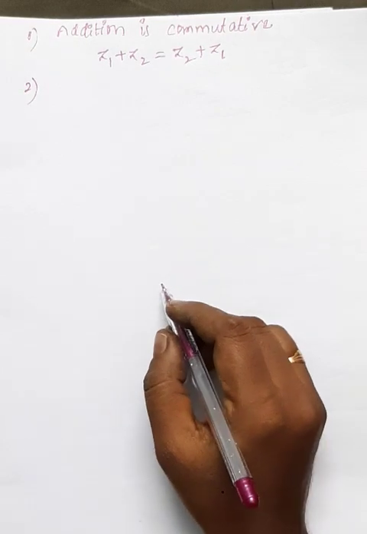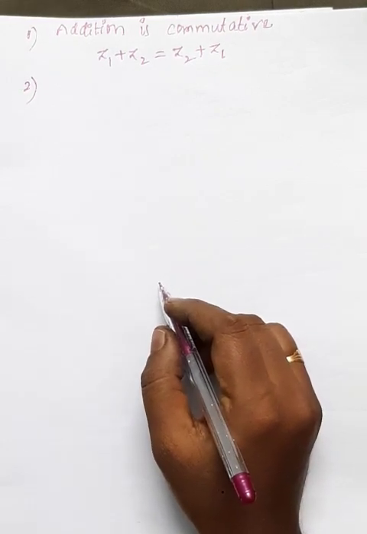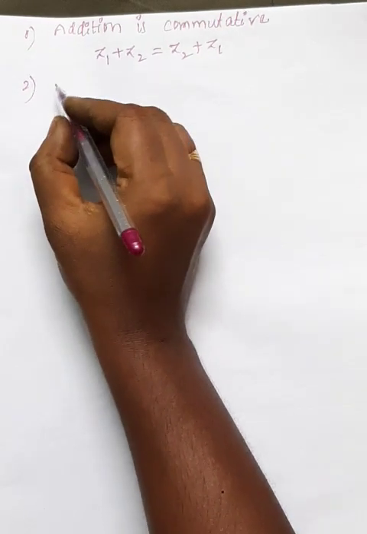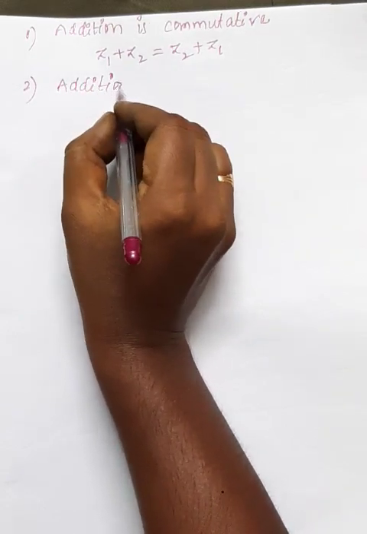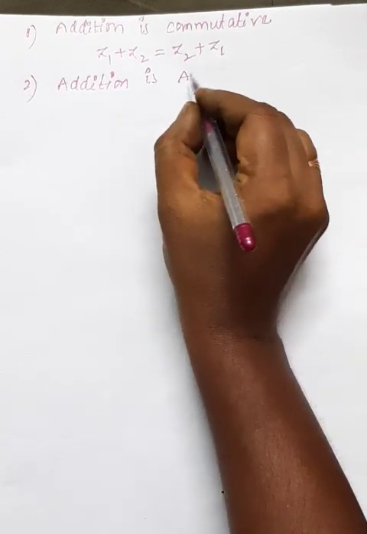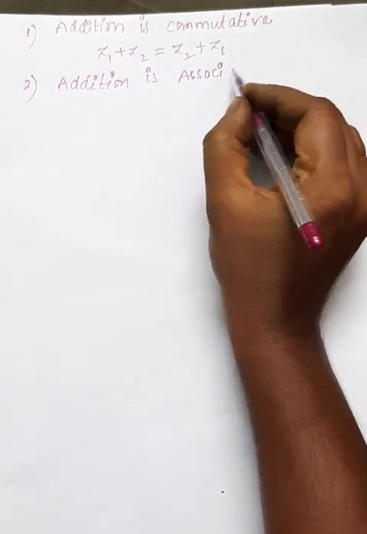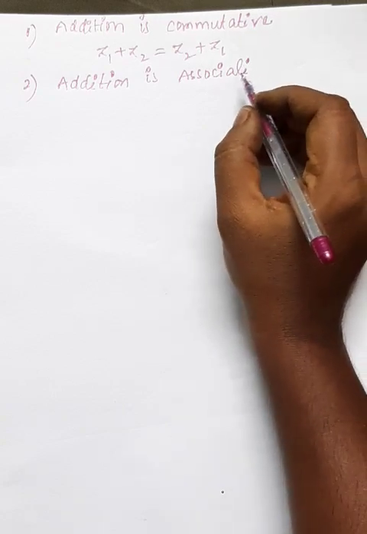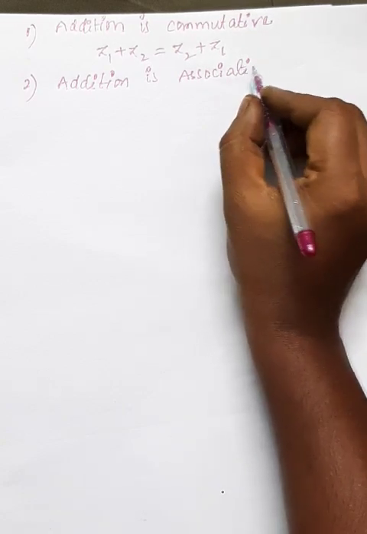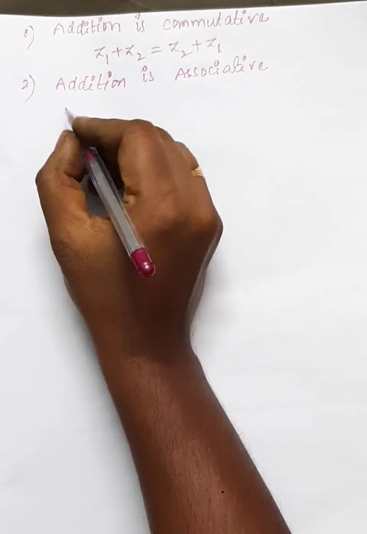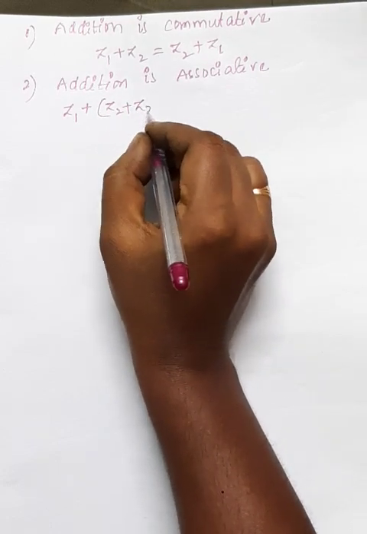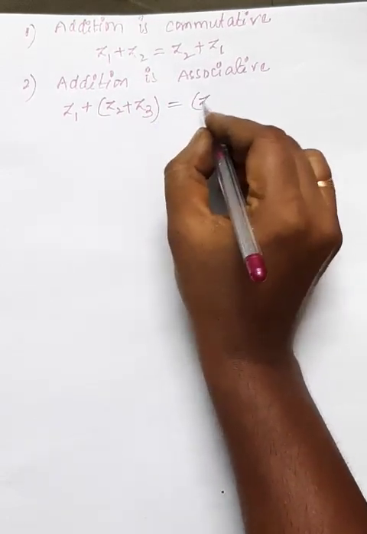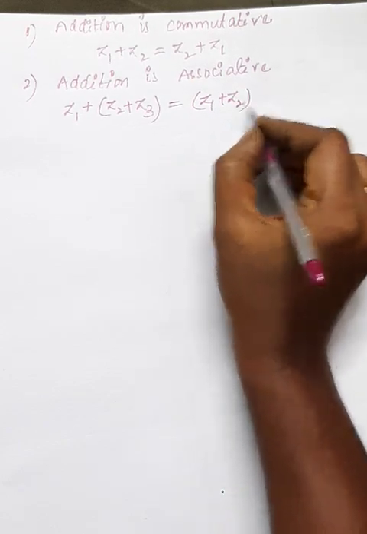Now our second property is that addition of complex numbers is also associative. Addition of three complex numbers satisfies the associative property. That is, z1 plus z2 plus z3 is equal to z1 plus z2 plus z3.